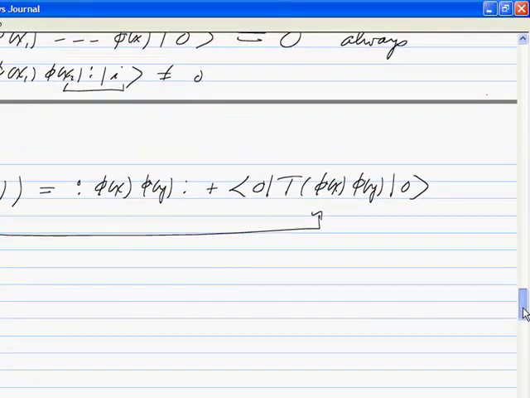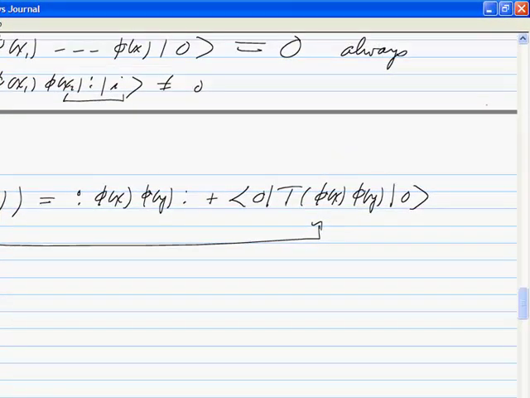Wick tells us more, though. Wick also says the time-ordered product of phi of x1, phi of x2, phi of x3 is, well, there's three fields, so you get normal ordered phi of x1, phi of x2, phi of x3.